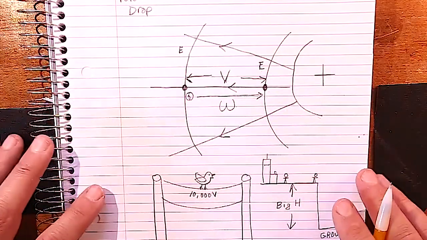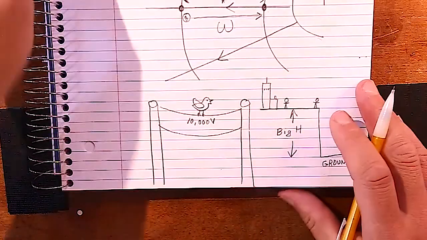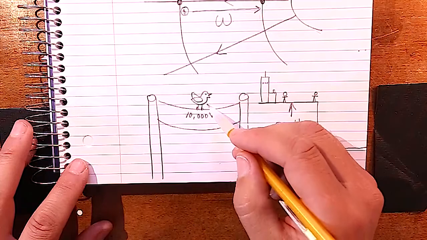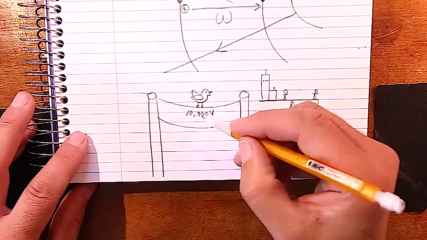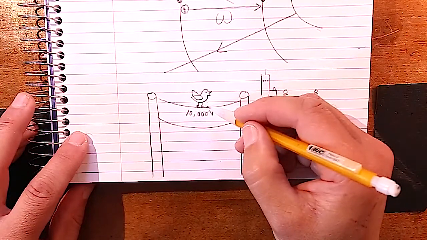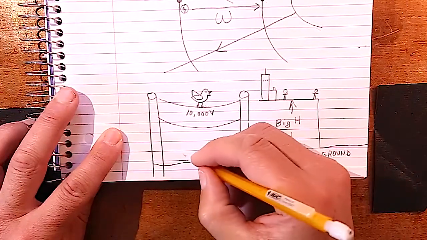Now, there's a couple of other things that you should know about with voltage, which is this is why a bird can land on a high voltage wire and not get shocked. The bird is at 10,000 volts. But being at 10,000 volts isn't a problem unless you're next to 0 volts.